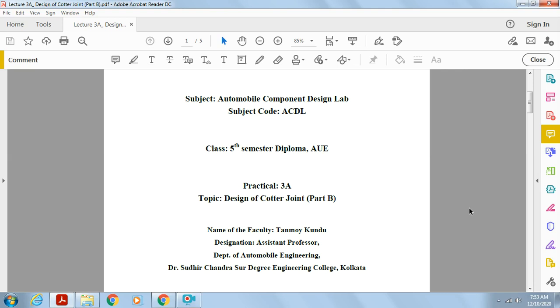Considering the failure of those components, we derived some mathematical equations to reach the expressions for obtaining the different dimensions of the Cotter joint.